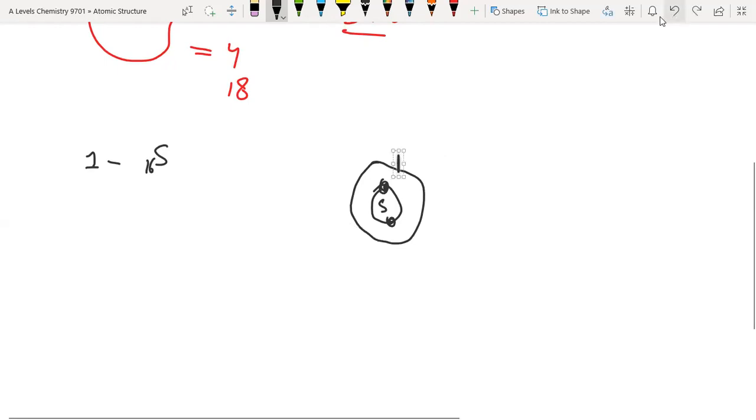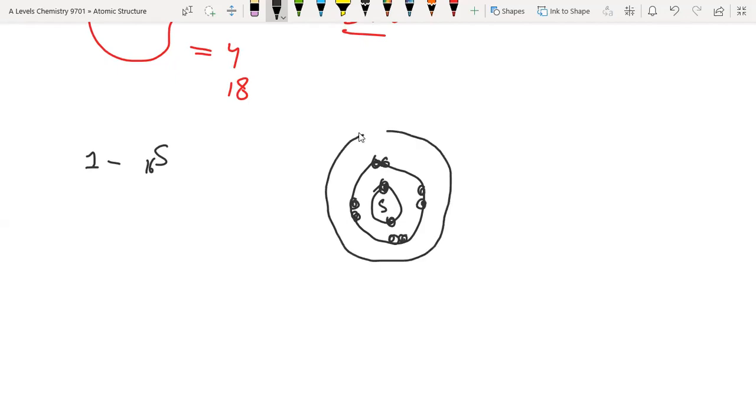Second shell will have 8 electrons. How many electrons are left behind? 6. The third shell will have 6 electrons.